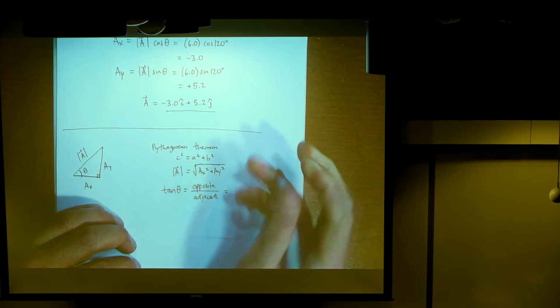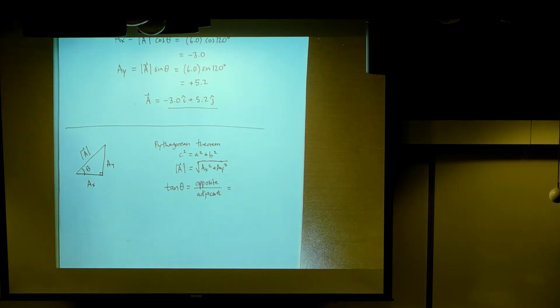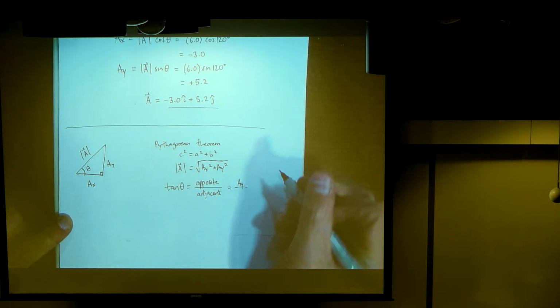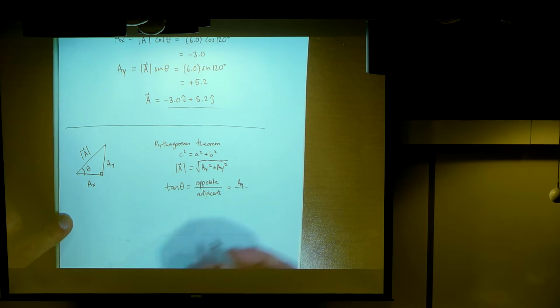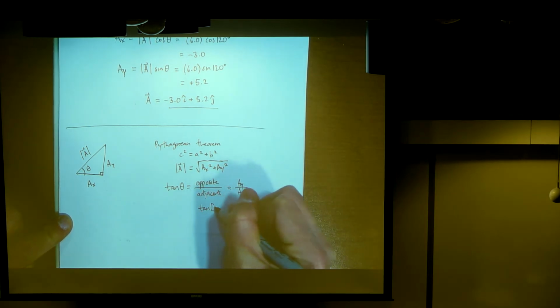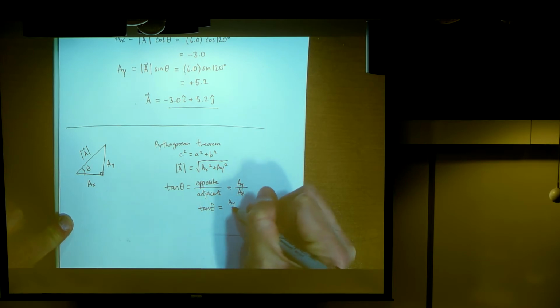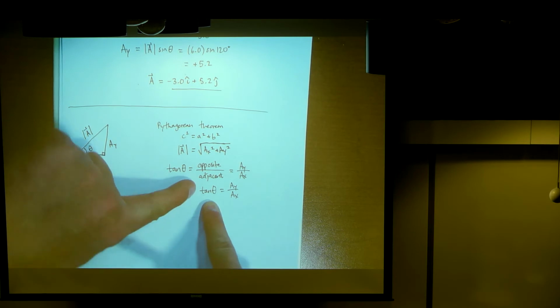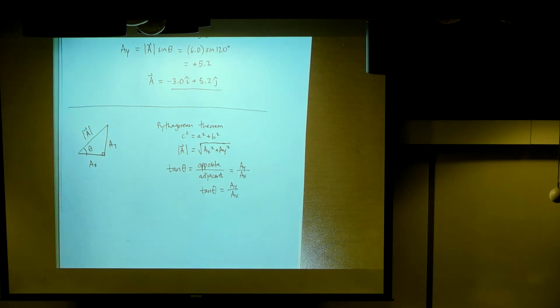Okay, and in this picture, what is my opposite side? AY, it's across from the angle theta. My adjacent side, AX. So here, let's just write it down. Tangent theta equals AY over AX. So if I wanted to know theta, what would I do as a next step to solve for theta?